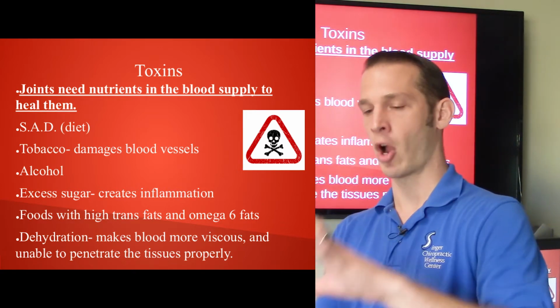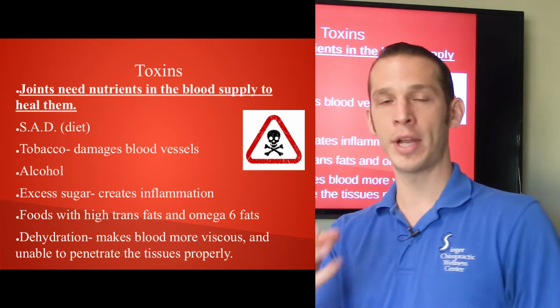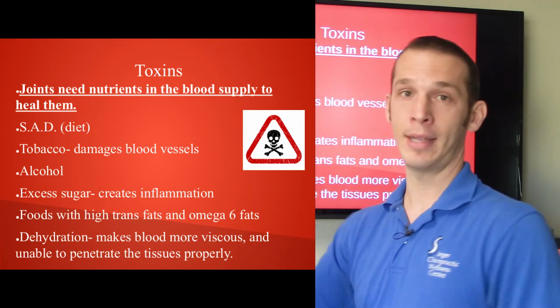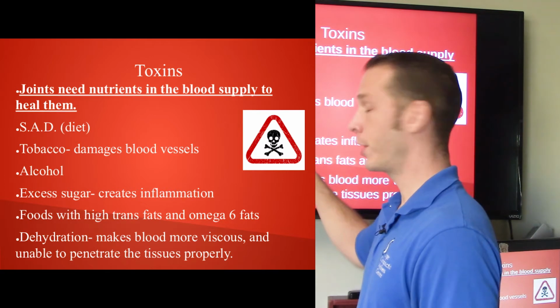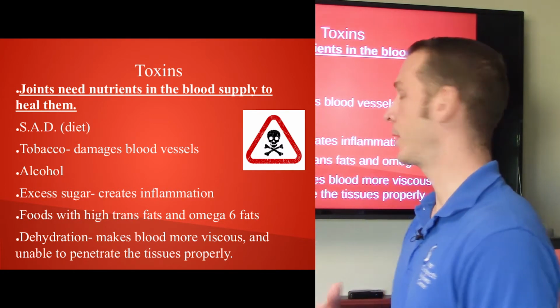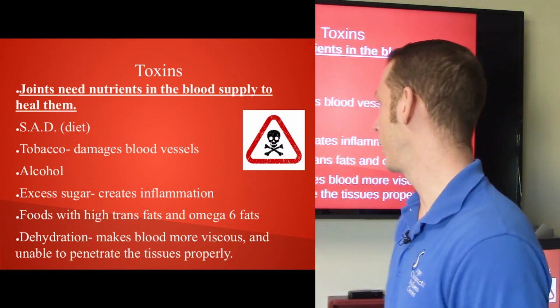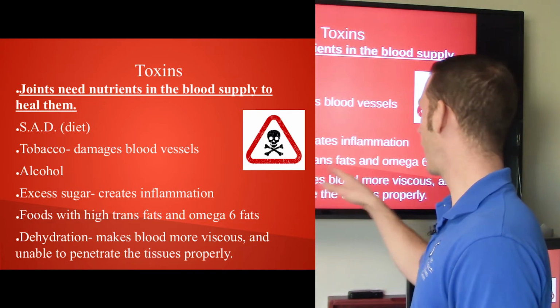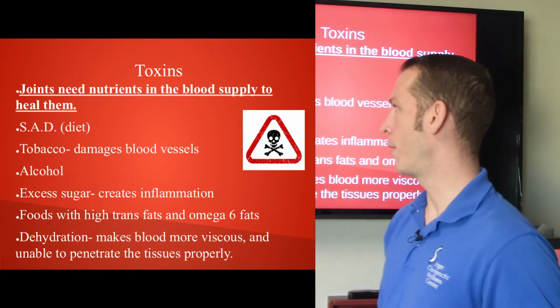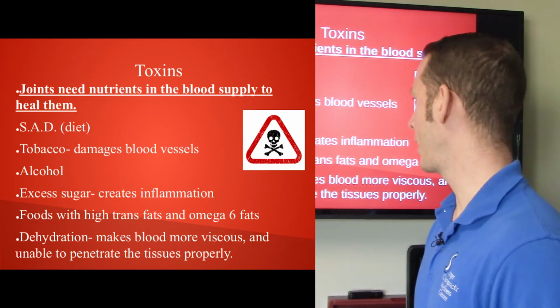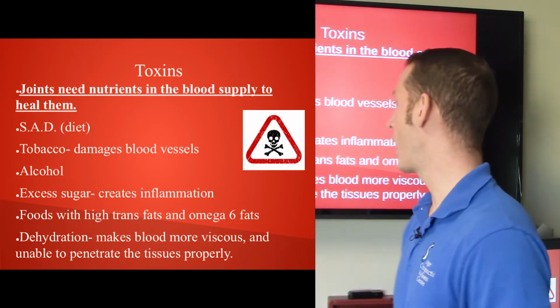Dehydration, if the joints aren't getting the proper hydration to them, what they can do is it will start to wear down over time. Excess sugar can create inflammation in the body, of course, in the joints and in the lower back. Foods with high trans fats and omega-6 fats, again, those are more inflammatory in nature, create more inflammation in the body.